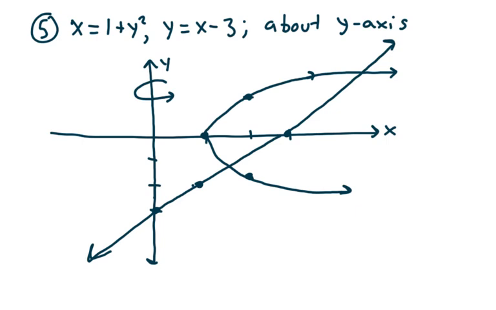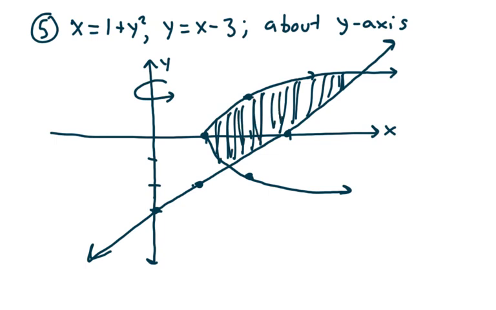Okay, and so this is the region that we're dealing with, right here. So you notice we're going to rotate this region about the y-axis. Now, I'm going to draw my rectangles going this way, horizontally.